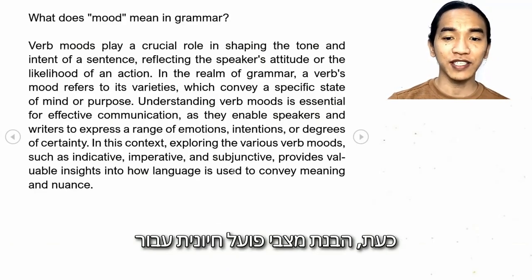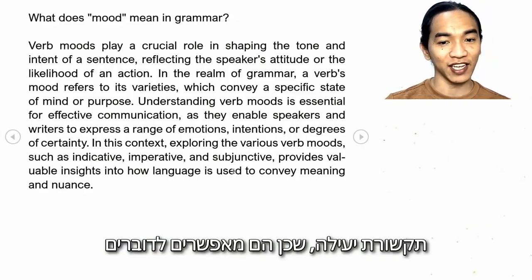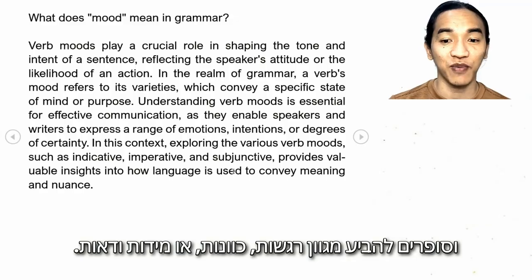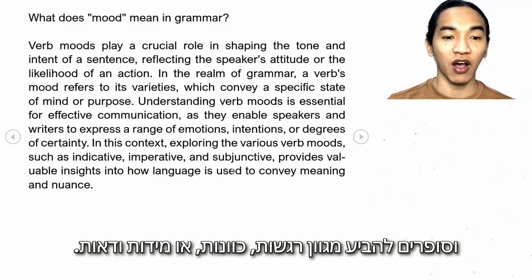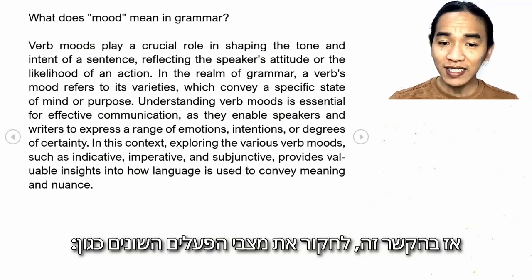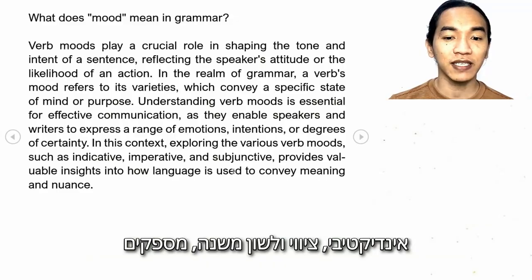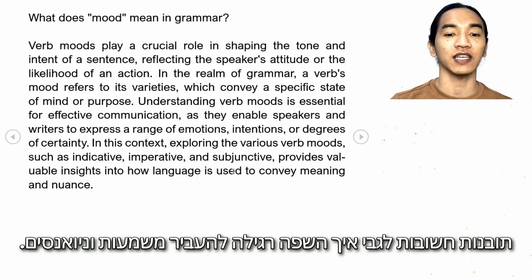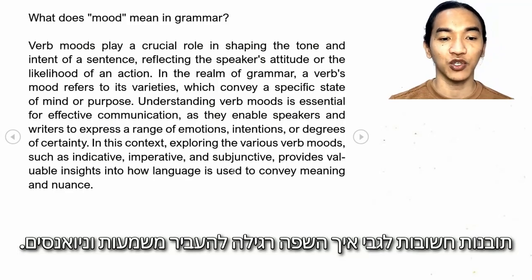Understanding verb moods is essential for effective communication, as they enable speakers and writers to express a range of emotions, intentions, or degrees of certainty. So, in this context, exploring the various verb moods such as indicative, imperative, and subjunctive provides valuable insights into how language is used to convey meaning and nuance.